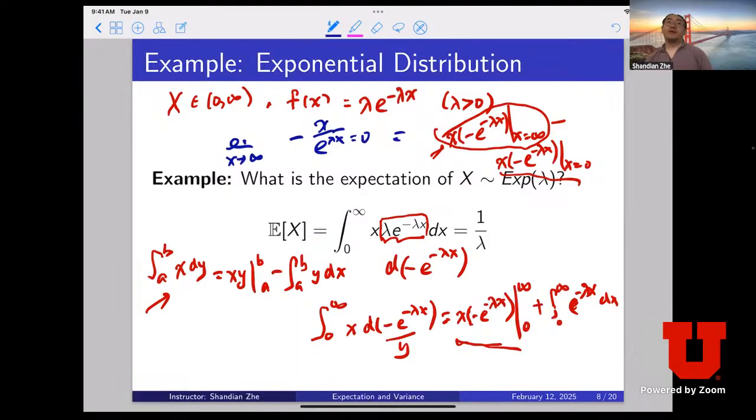Because in the numerator x grows linearly, but in the denominator it grows exponentially. Of course the denominator grows much faster than the numerator, so in the limit this ratio must be 0. That's simply because exponential growth is way faster than linear growth.